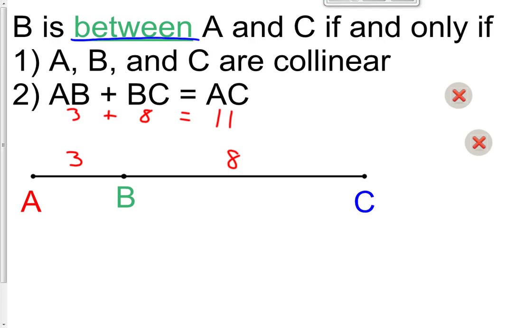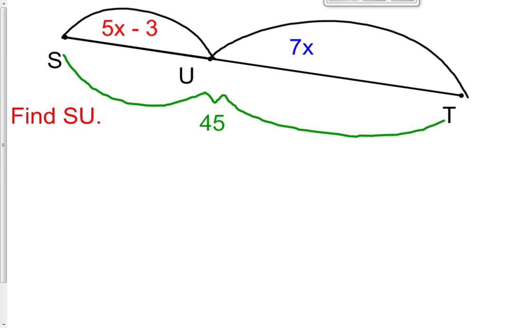Okay? So here's our example where we're going to use it with other numbers now. This is where algebra comes into geometry. We want to find the length of SU. Well, S, U, and T are collinear, and U is in between S and T. It doesn't have to be the exact middle spot.